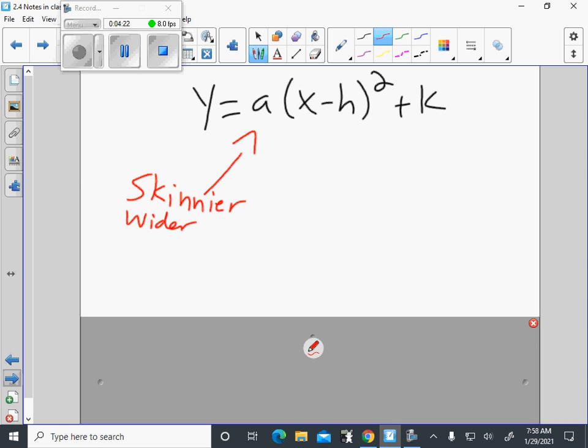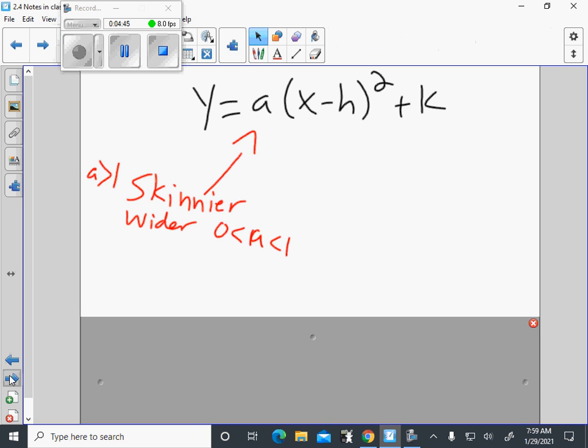Well, if it makes it skinnier, A is going to be greater than 1. To make it wider, A is less than 1. Okay, so if that number A is between 0 and 1, sorry, I should write that. When it's wider, that number A is between 0 and 1.